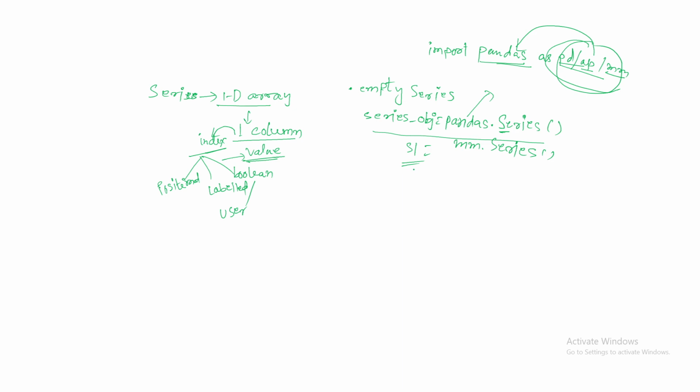Series object, any variable you will give, suppose S1 equal to. You know how to write a variable. What are the rules of variables? Whenever we write variables, we have some rules. Python keywords we can't use. We cannot start from a number.